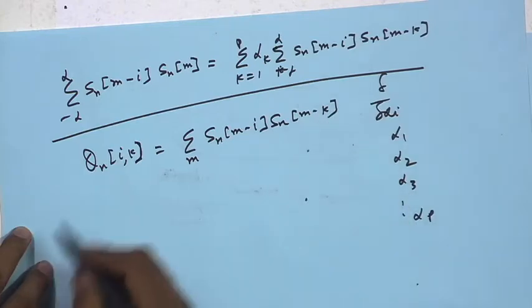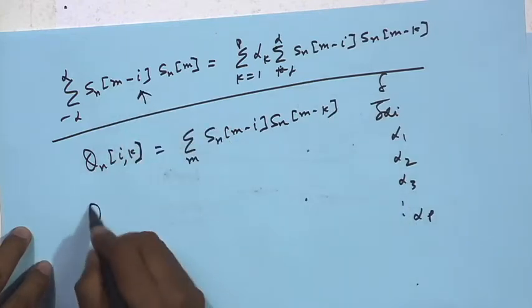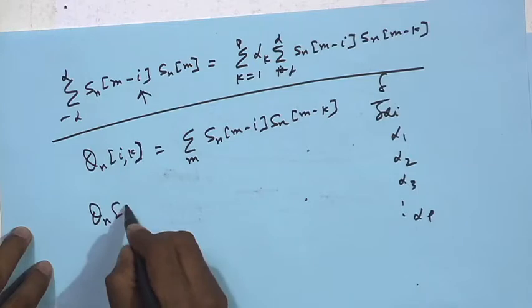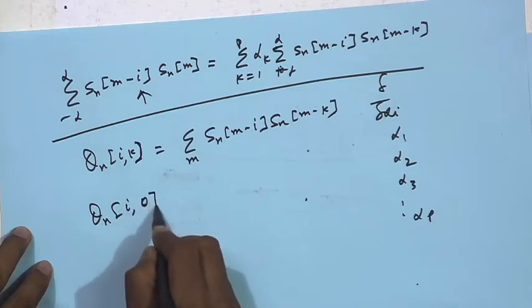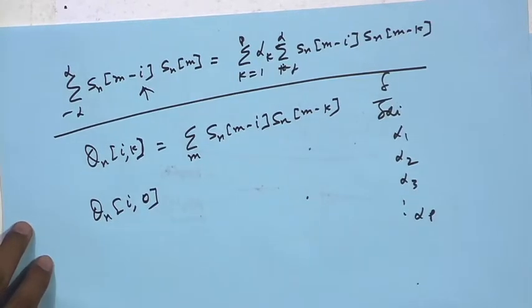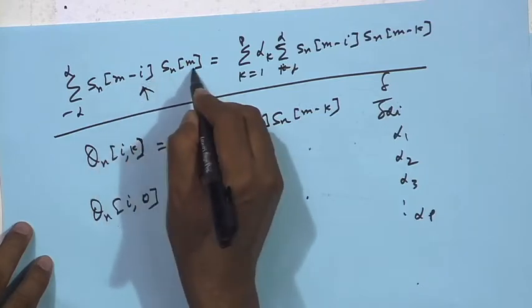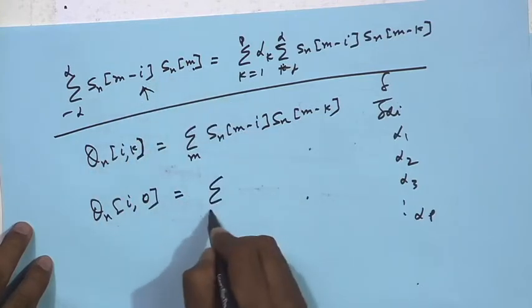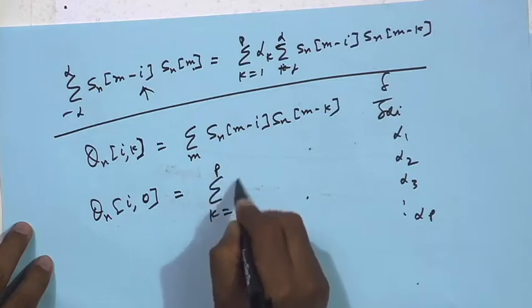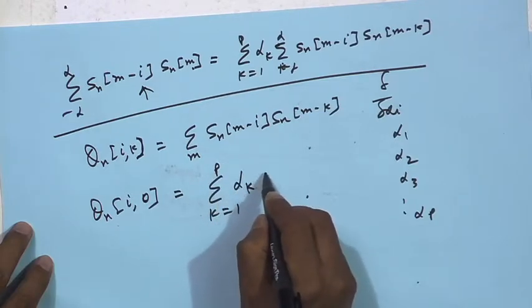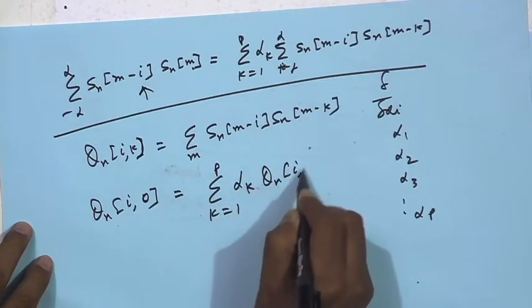If this is like this, then this is nothing but phi n i with k equal to 0, is equal to the sum over k equal to 1 to p of alpha k phi n i k.